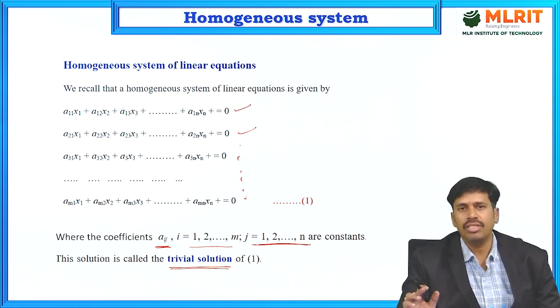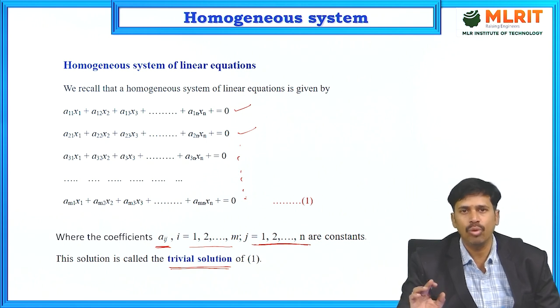For a homogeneous system of equations, if any solution exists, either it is a trivial solution, meaning zero solution, or infinite solutions. Like we have discussed in non-homogeneous, there won't be any third case where a solution does not exist. Here a solution compulsorily exists.